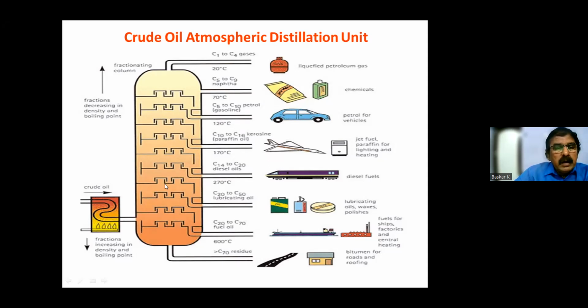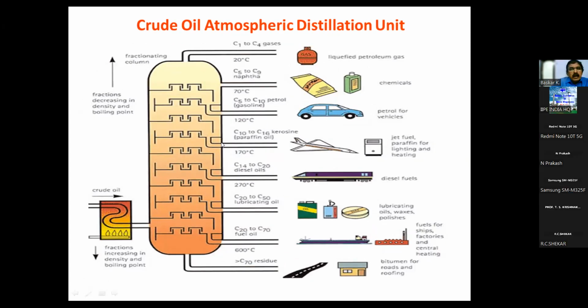Then the uncondensed vapor goes up like this. Then at 270 degrees, those vapors go into a draw called diesel, right? Then the balance of uncondensed vapor goes up like this. Then it goes to a cut called the 170 cut. That is the kerosene cut, where the kerosene is withdrawn from this tower.